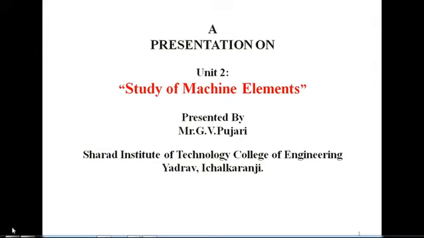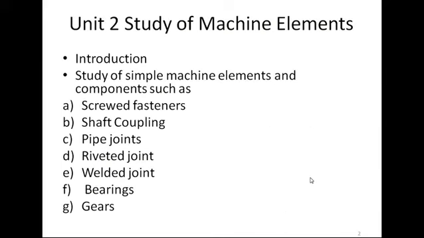I am starting machine drawing. The topic you need to study is machine elements. In this machine element, we have already seen the introduction and the screw fasteners. Also, in the last lecture we started shaft coupling.